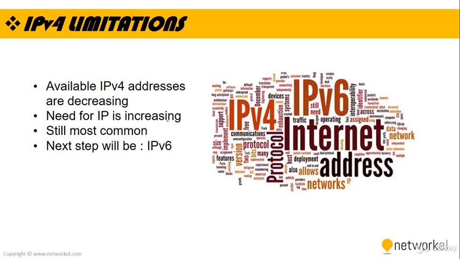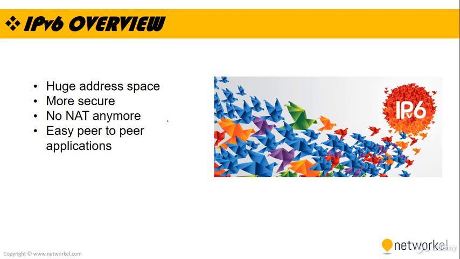Let's take a look at the IPv4 limitations. As we talked about in the first slide of our course, almost 50 billion devices will be connected to the internet by 2020, but available IPv4 addresses are decreasing. In spite of IPv4 still being the most commonly used protocol, it seems like our next step will be IP version 6, which can provide a broad IP address range.